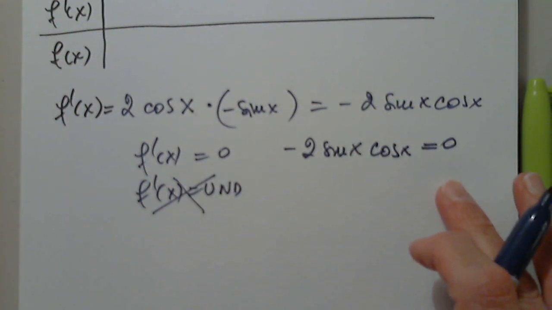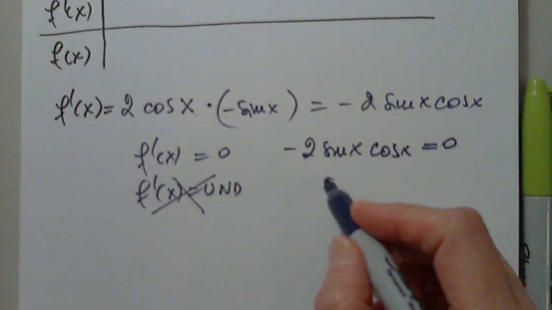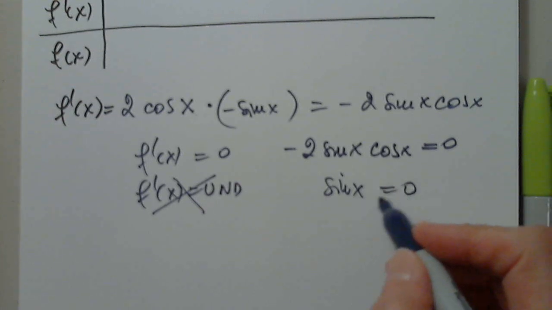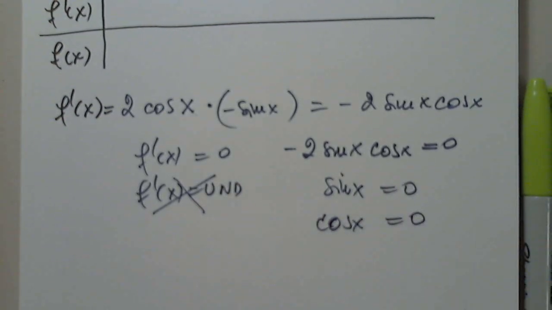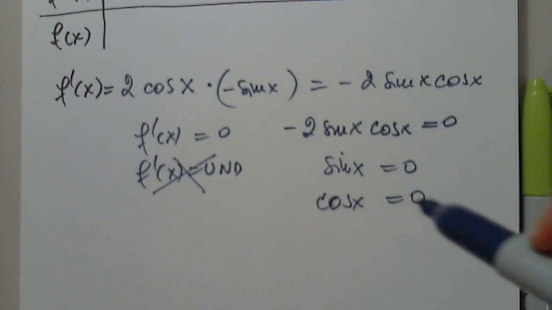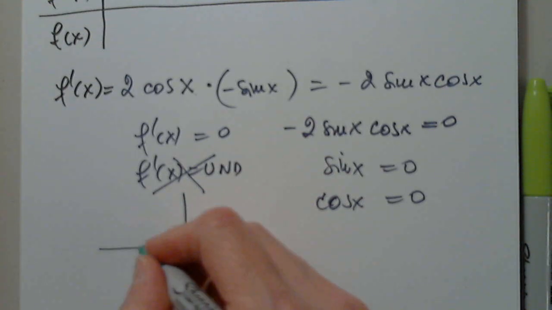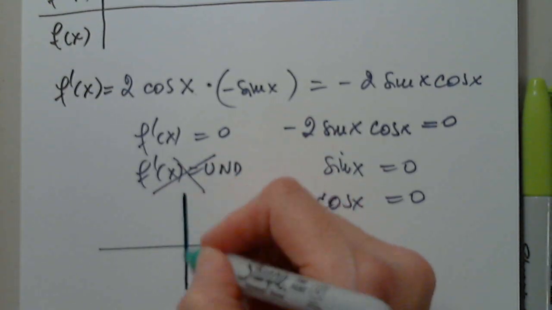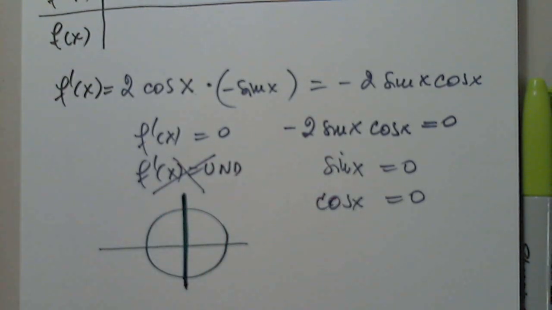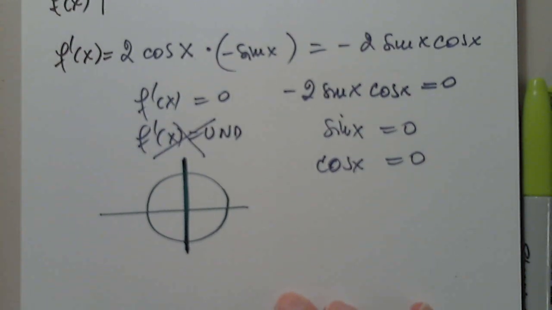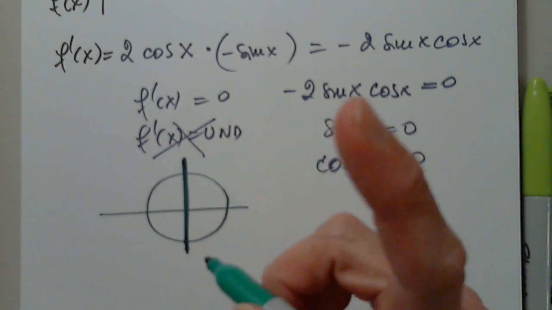Since this is a product, there are 2 options. Either sine is 0 or cosine is 0. Can anyone tell us when sine is 0? And remember, sine is measured on the y-axis. Where is sine 0 on the unit circle? At pi and 2 pi.